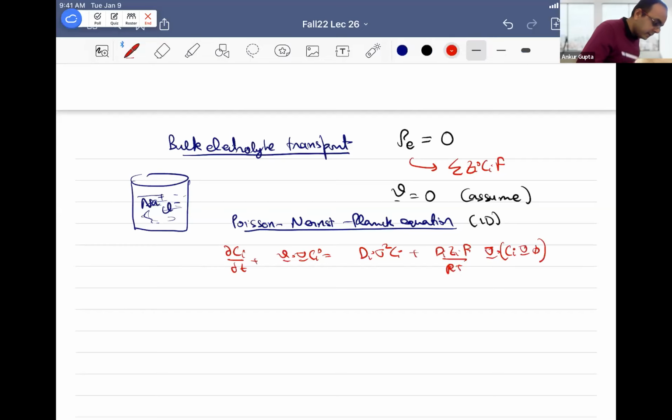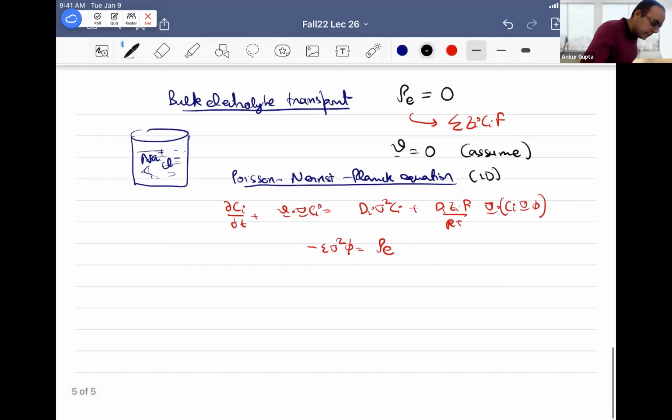And then the second equation is minus epsilon del squared phi is equal to rho E. These are our equations, our Poisson-Nernst-Planck equations. I've just listed them down again. And now let's try to drop terms one by one. Okay, so we know rho E is equal to 0. So this goes away. By the way, we should also assume, for simplicity, let's assume we only have two ions.